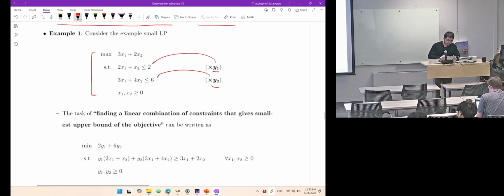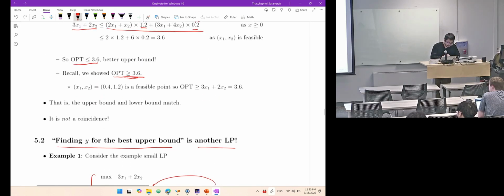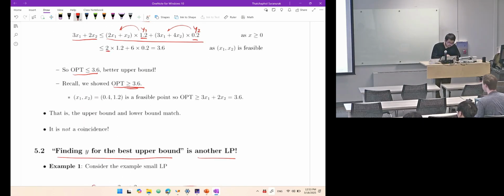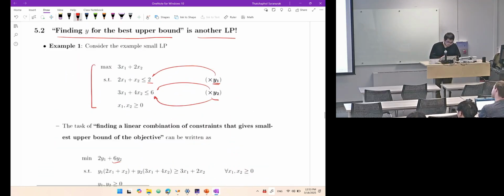What do I want to minimize? I want to minimize 2 times y1 and 6 times y2, because this is the thing that gives you the upper bound. So we want to minimize this thing.